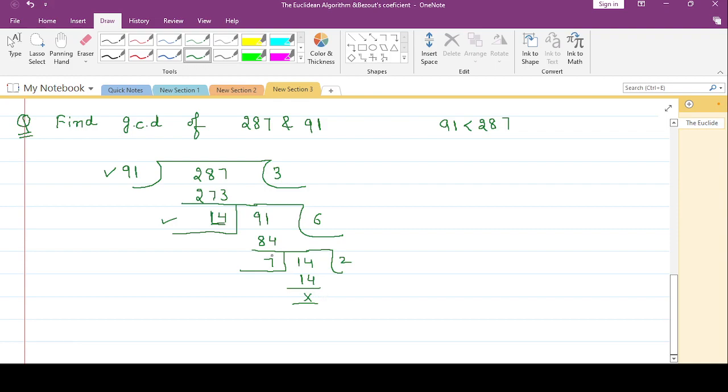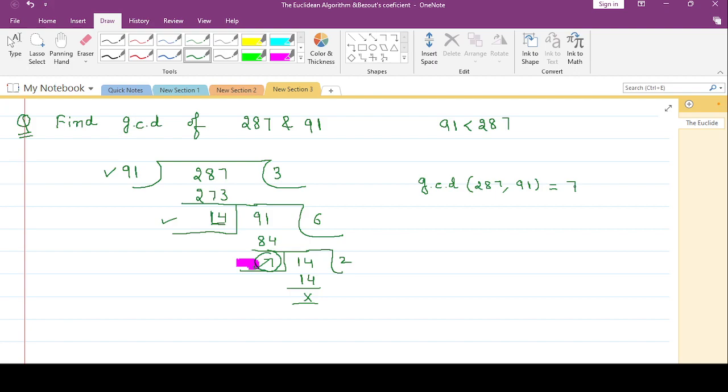Okay. So what is the last remainder? Okay, last remainder is 7. This is the last remainder. Okay. So whatever is your last remainder, that is taken as the GCD. Okay. So GCD of 287 and 91 is 7. Okay. I hope that this process is clear to you, how to find the GCD of two numbers.